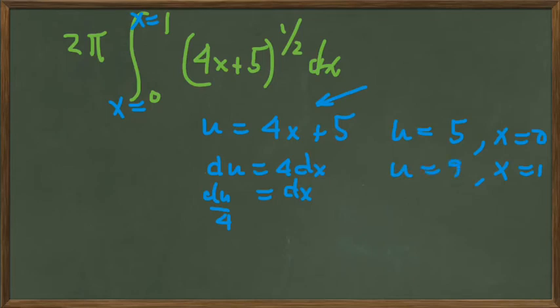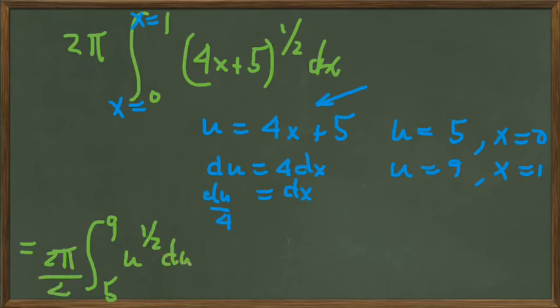So our integral in the u variable is what? 2 pi. The new limits of integration are 5 to 9. It's u to the 1/2 du, but we've got an over 4 here from dx being du over 4. And so that's what, pi over 2.